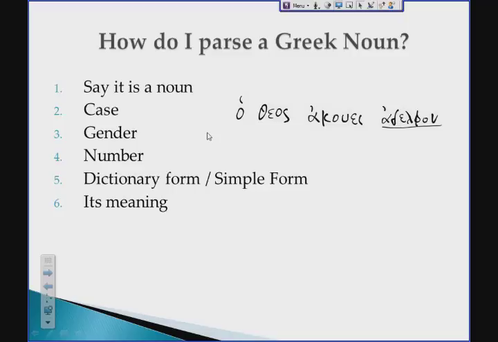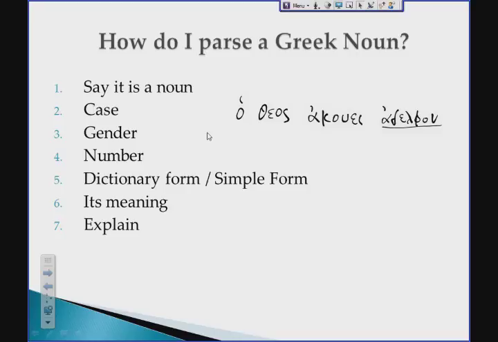But when you come to the translation, that's where you will give me the meaning of that noun in the sentence. And lastly, you must explain. How do you explain a noun? You go back to the case. If it is an accusative, your explanation must tell me that this is a direct object.